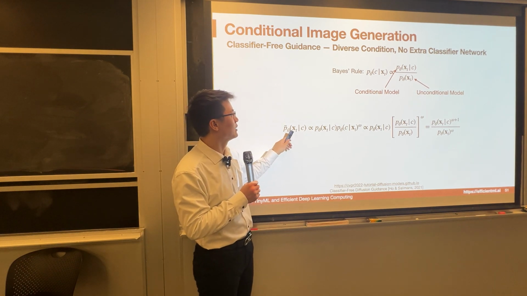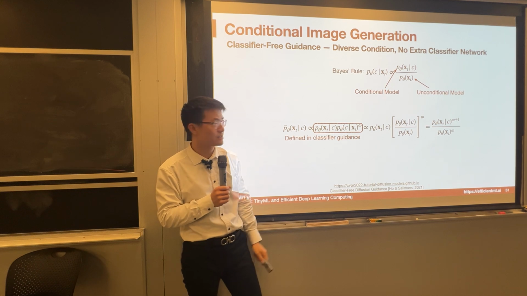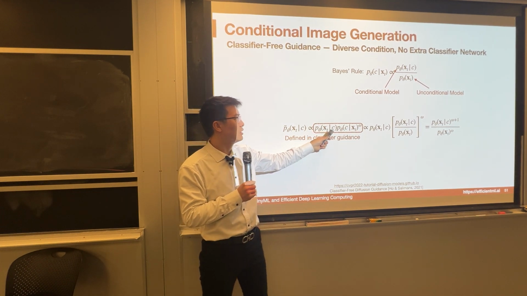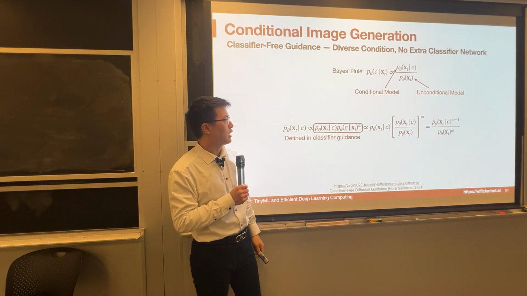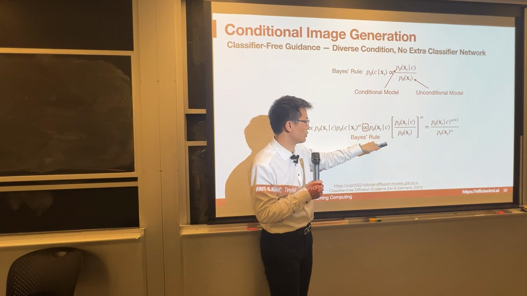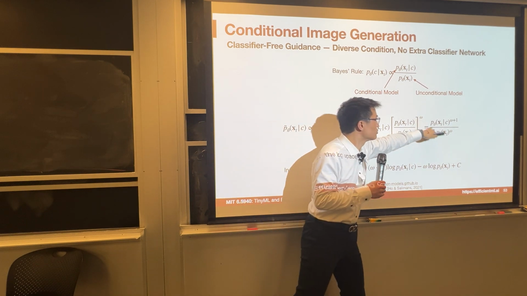So if you expand our previous equation defining the classifier guidance, remember there's an omega controlling the strength of the original loss versus the new classifier-introduced function. We can further simplify that by using Bayes' rule in this way. We can see there are two terms.